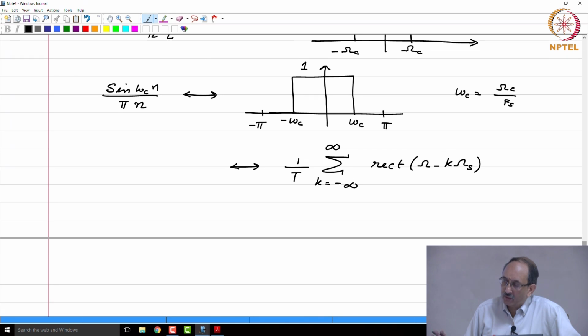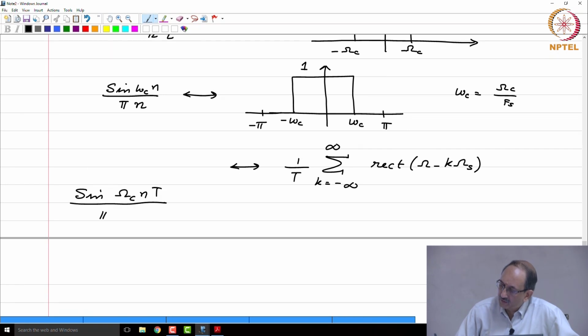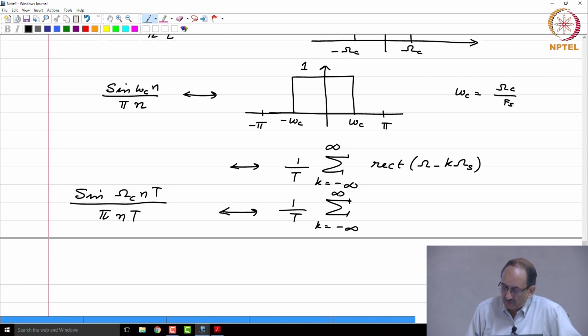And now, all you need to do is scale this by 2π to get the 2π periodic spectrum, and the samples are sin(Ωc nT)/(π nT), k going from minus infinity to plus infinity.